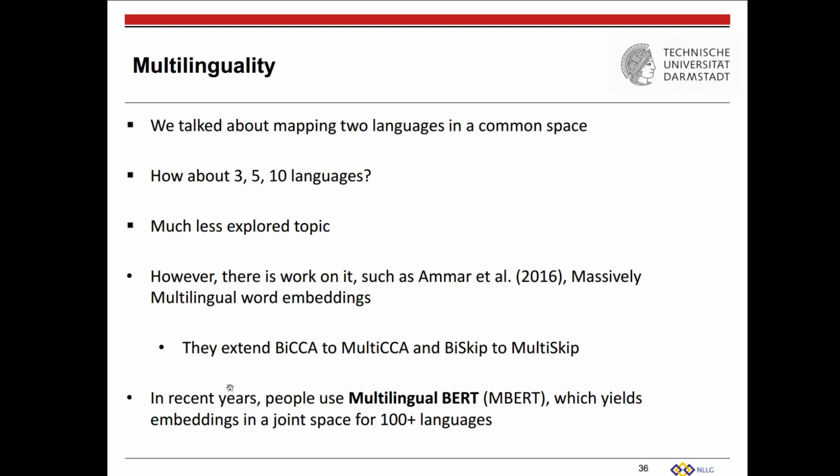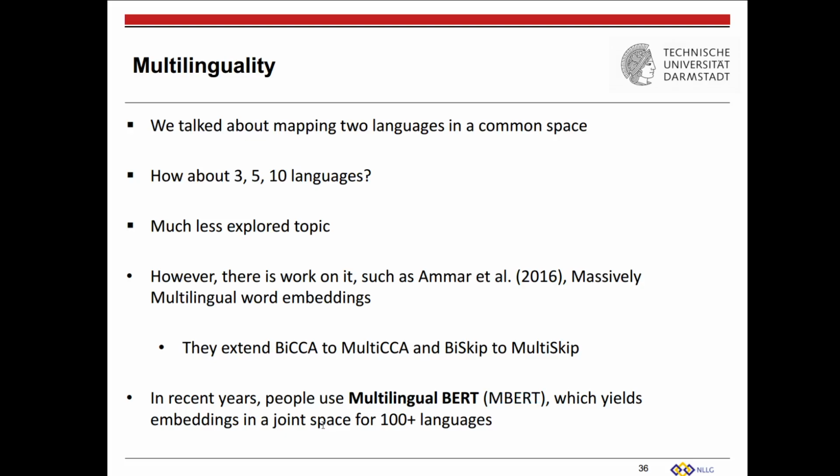But starting with BERT, this is not a topic that is less explored anymore, because nowadays BERT exists as multilingual BERT, so-called mBERT, and this yields embeddings in a joint space for more than 100 languages. So this is really big nowadays.